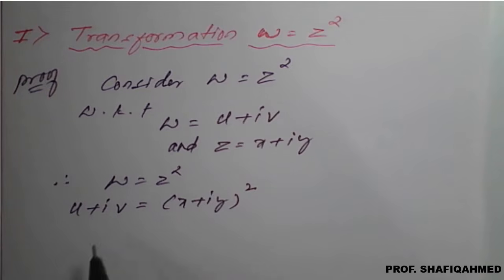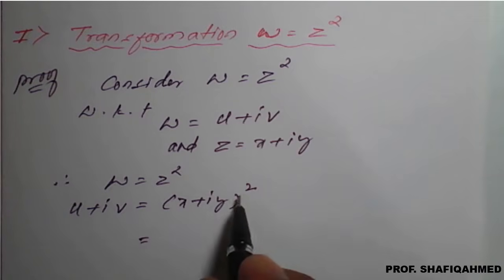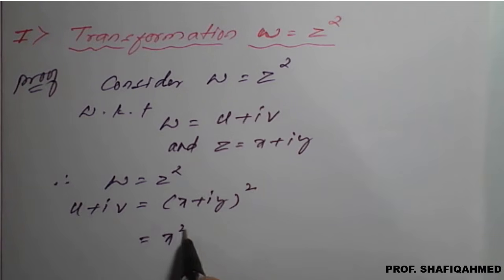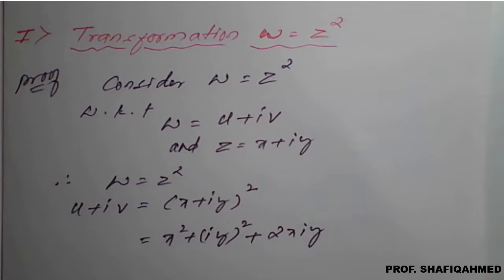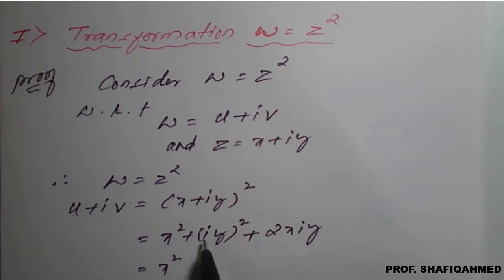Left hand side we keep as it is; on the right hand side we apply (a plus b) whole square, that is x square plus (iy) whole square, or i square y square, plus 2 times x into iy. On simplification, i square is minus 1, so we get x square minus y square plus 2i xy.